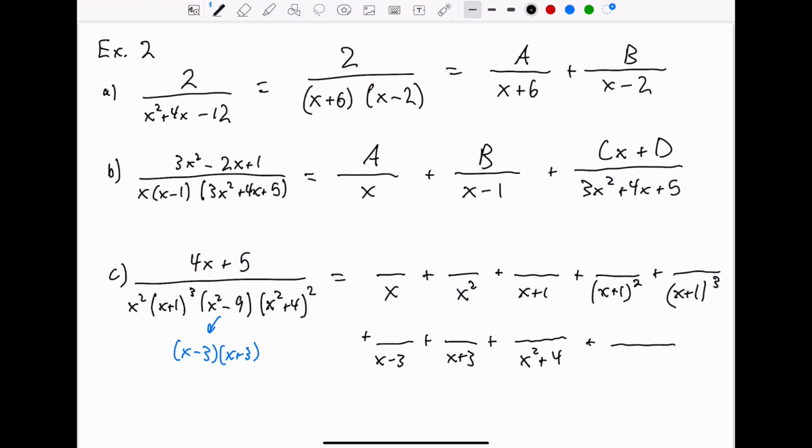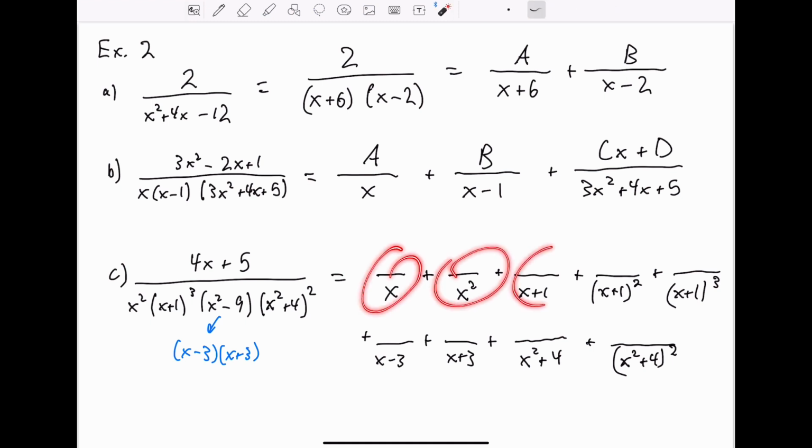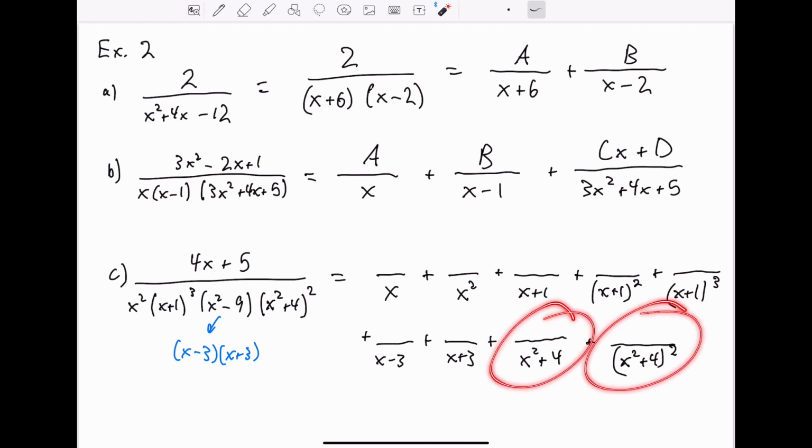The second one has a denominator x squared plus 4 quantity squared. All right, so we have a lot of linear factors that were repeated. Each of those fractions will just get a single constant in the numerator. For the irreducible quadratic fractions, I will have linear terms in the numerator.